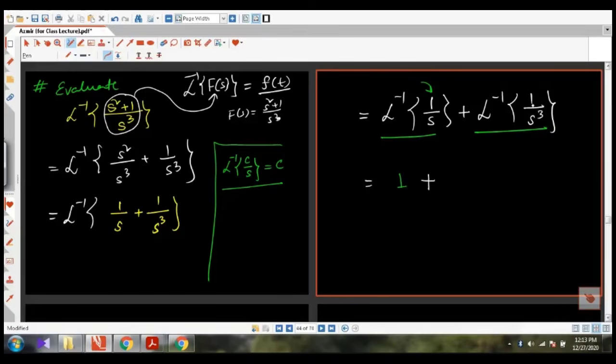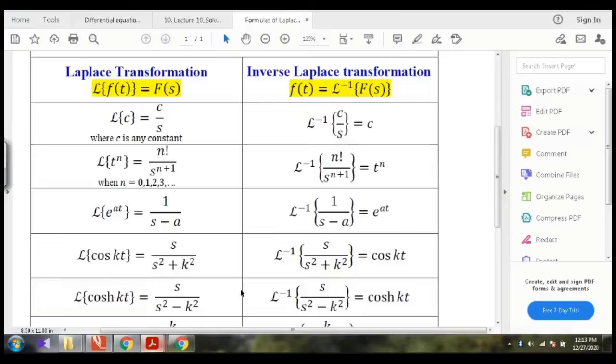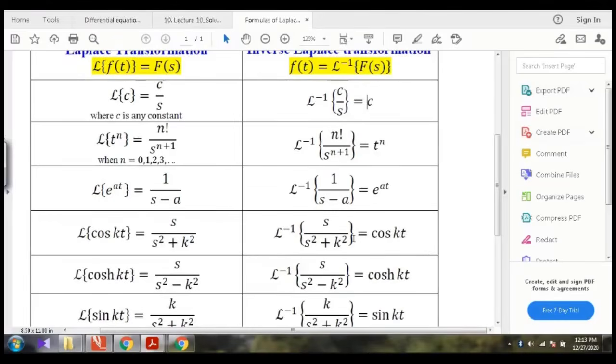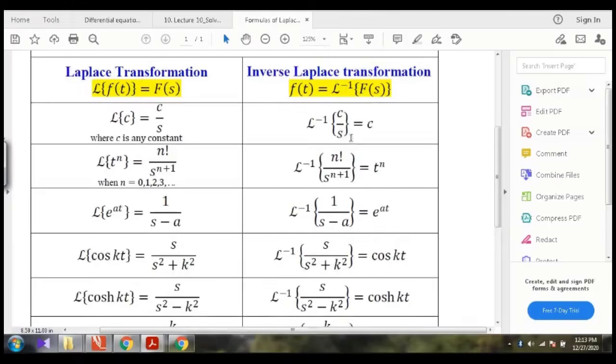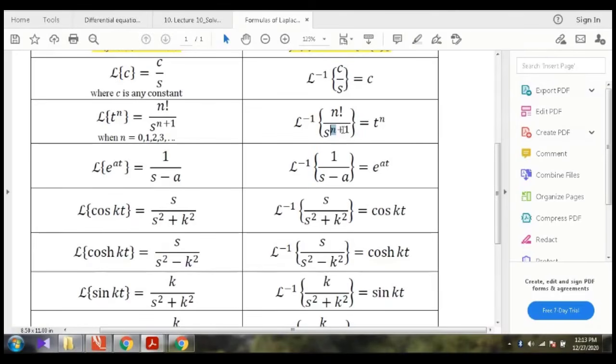what if we have 1 over s cubed? Since in the denominator we have s power something, let's try to relate which formula can be applied. In the first formula, there is no power, s power 1 only. In the second one, yes, we have s power n plus 1.